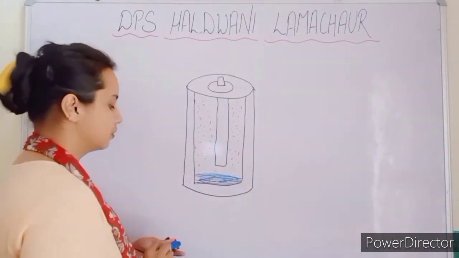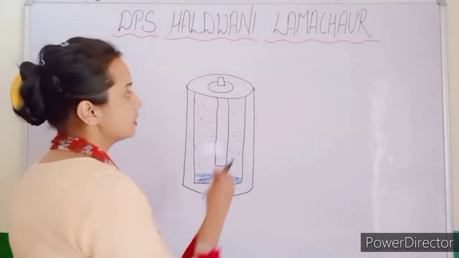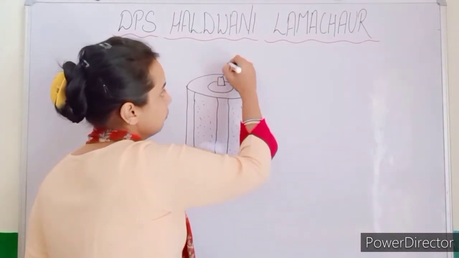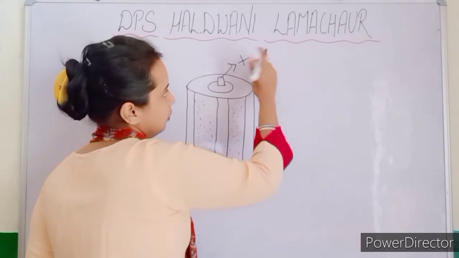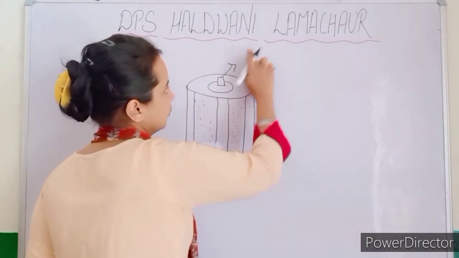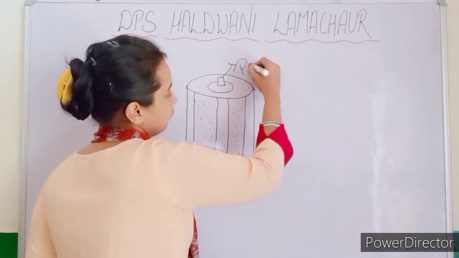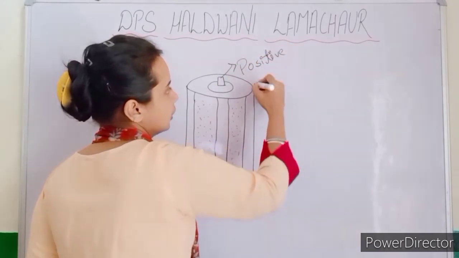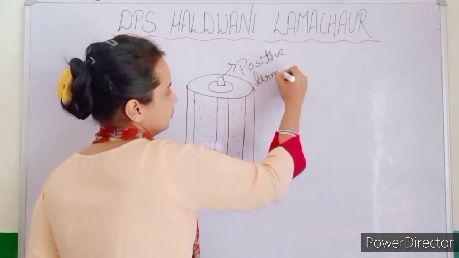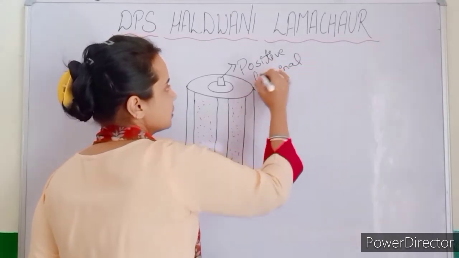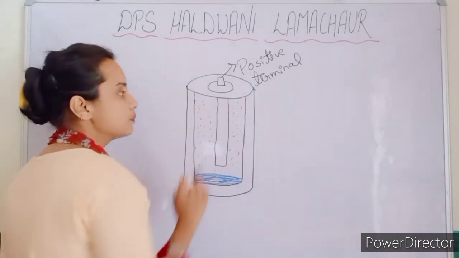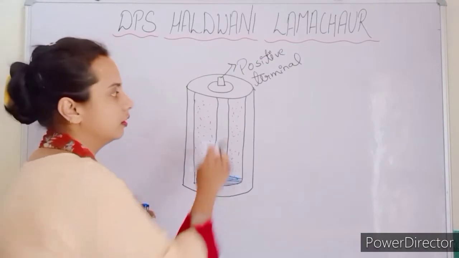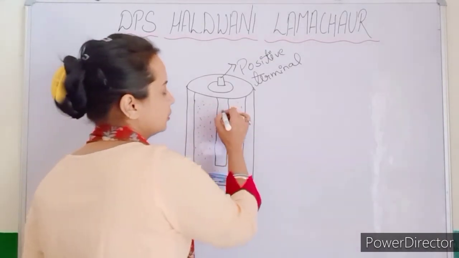Understood? So this is known as the positive terminal. इस positive terminal से क्या होता है, a carbon rod is attached.